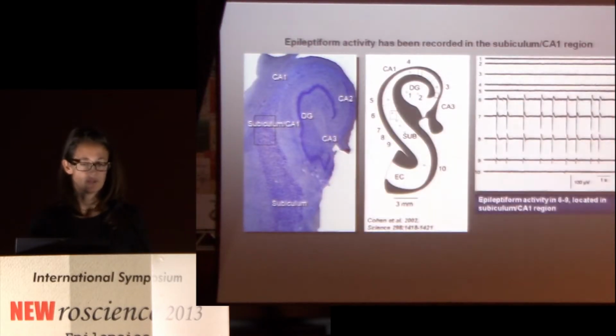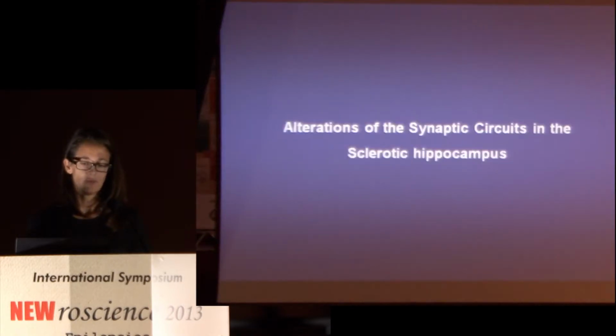Previous studies have shown epileptiform activity in the subiculum-CA1 region, as we can see in this slide. This group reported epileptiform activity in this specific region, but we would like to know what happens with the synaptic circuits in this particular region.